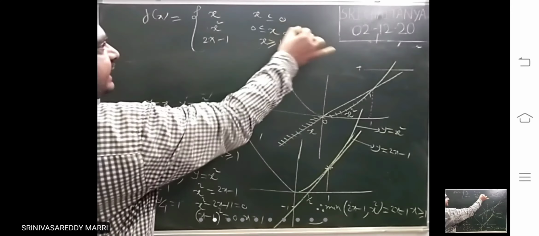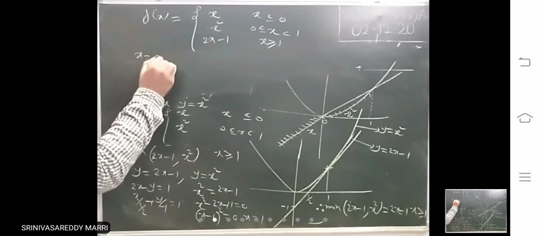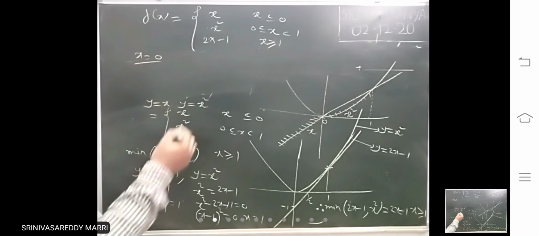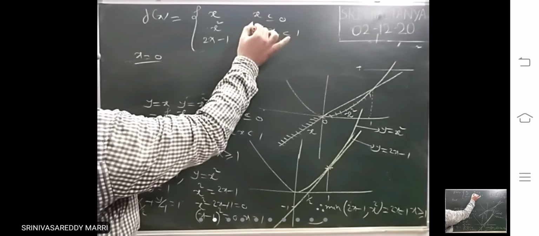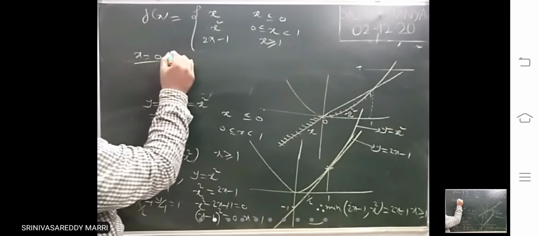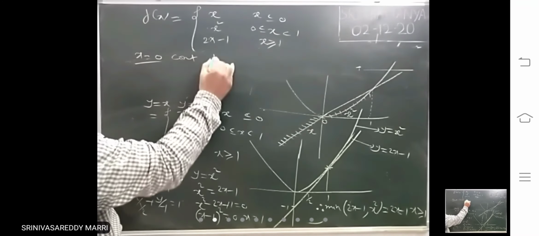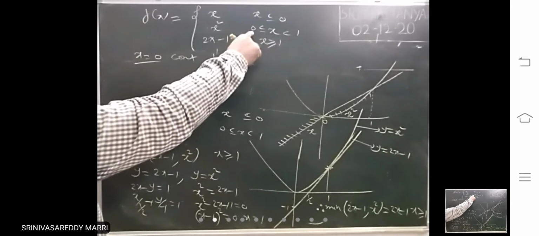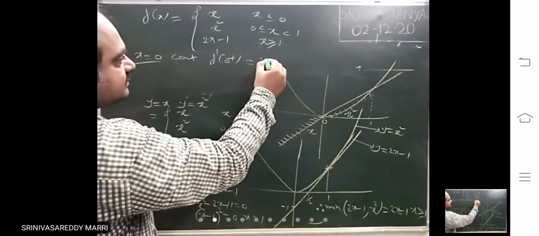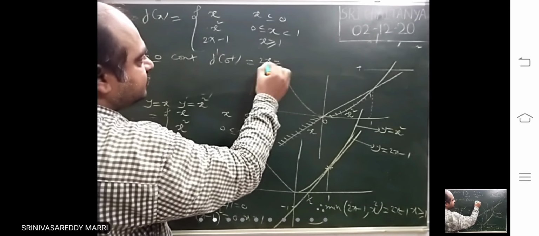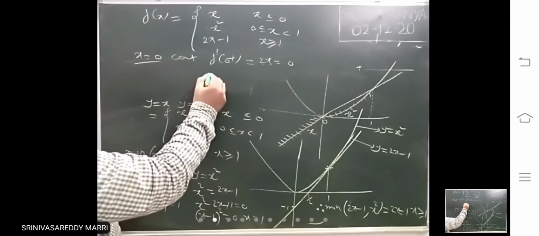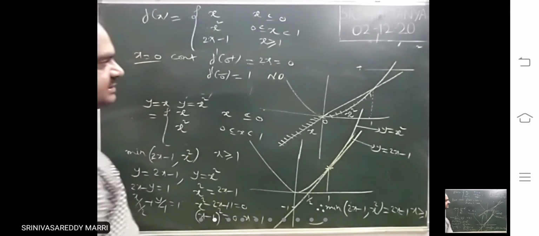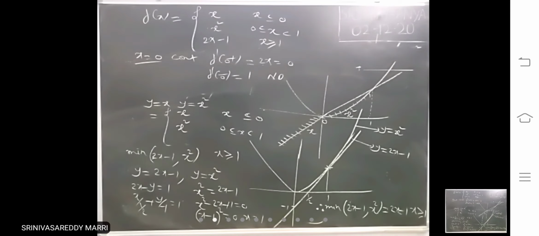The rule changes at x equal to 0 and at x equal to 1. At x equal to 0, the left limit is 0, the right limit is 0 and f of 0 is 0. Continuous. Now f dash 0 plus is 2x, so 2 into 0 is 0. F dash 0 minus is 1. Therefore not equal, so this is not differentiable at x equal to 0.